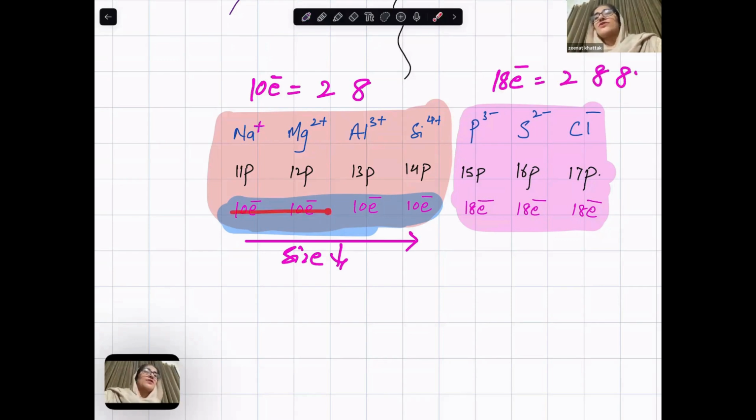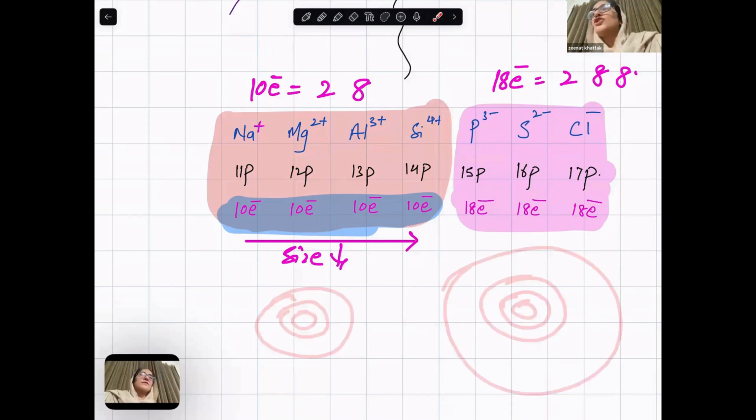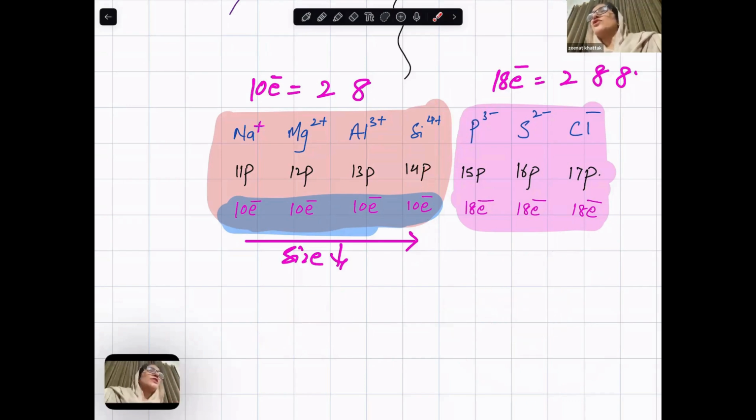These are 10 electrons, proton increase, attraction increase, the size decreases, but after silicon, would there be a big jump? Yes. Why? These all have 2 shells and these all have 3 shells. There's a big jump because the quantum shell is more. When there are 18 electrons, again the proton increases, the size decreases, attraction increases.